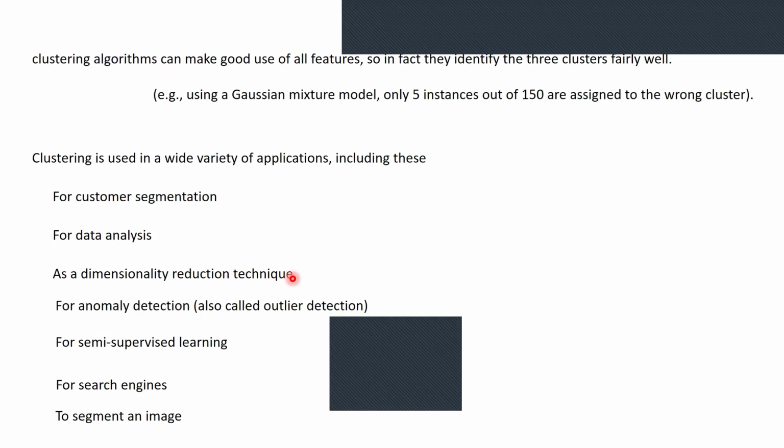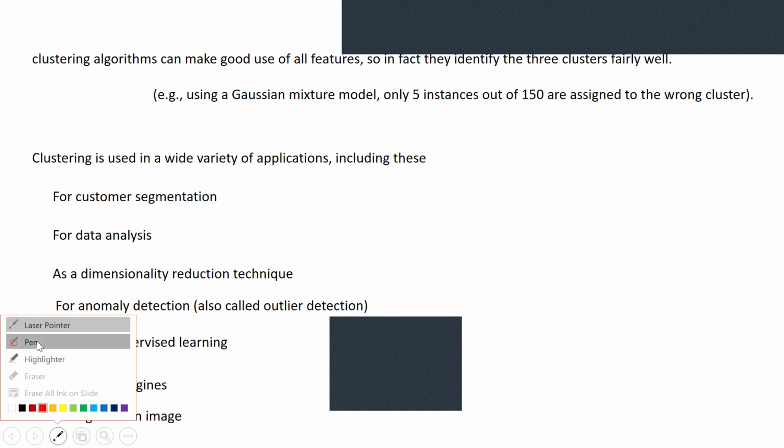Then the dimensionality reduction technique. In this technique, we need to find out the affinity of each instance with each cluster, and we can replace the instances with this vector.